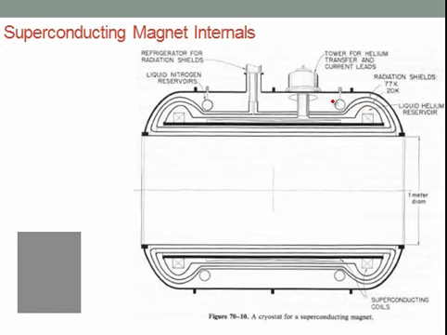Some magnets have layers of different cold liquids. Some older magnets, if they don't have that cold head, will have a layer of liquid nitrogen and then a layer of liquid helium. The point of that is the liquid nitrogen helps keep the liquid helium intact longer.